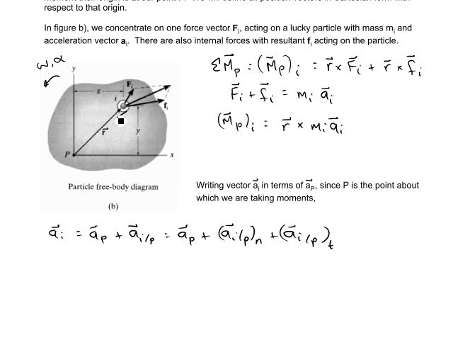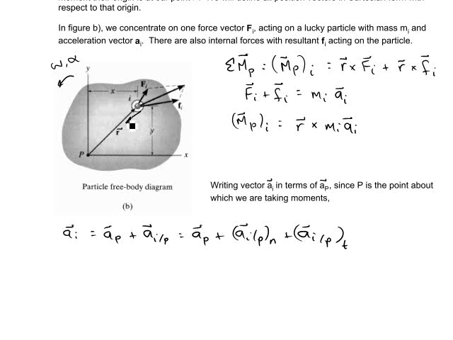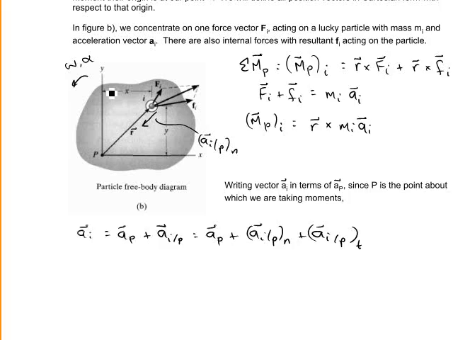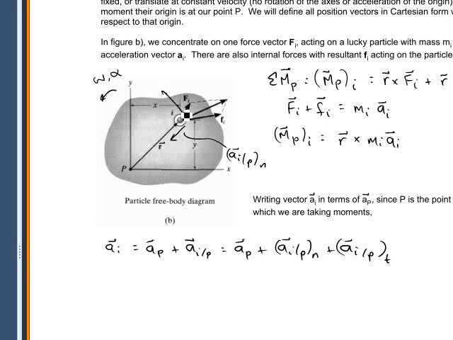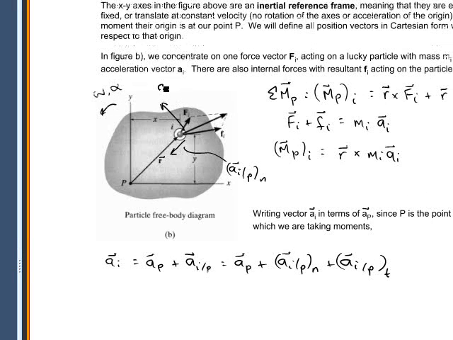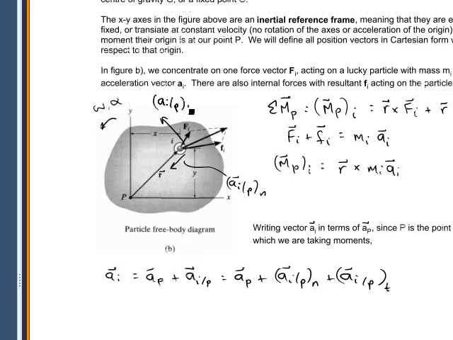So if I go back to this figure, I can draw a vector from i towards P. And that's going to be ai with respect to P normal. And if alpha is in the direction that I've shown, I can draw another vector which is ai with respect to P tangential, perpendicular to a line from P to i.